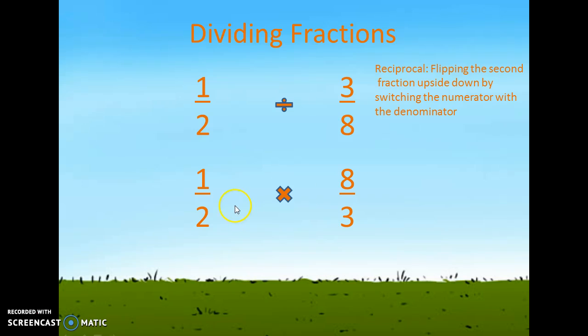So our second step would look like this, 1 over 2 times 8 over 3. You'll notice that we now have to multiply. All we have to do after we find a reciprocal is multiply like we would normally. Why don't you take a moment and solve this equation before we move on?